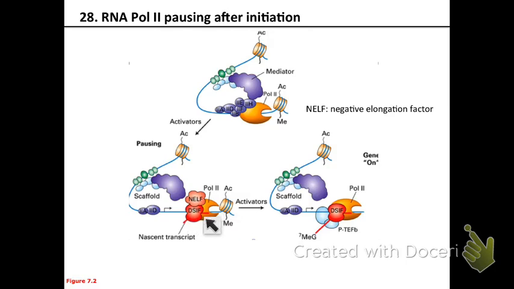Then if a signal comes in and activates a protein complex called PTEFb, it phosphorylates the RNA polymerase and removes the NELF from the RNA polymerase so that RNA polymerase can be released into elongation. And so the methylation can be added, the RNA can be capped, and the polymerase can continue elongation. Okay? So the RNA polymerase pauses.